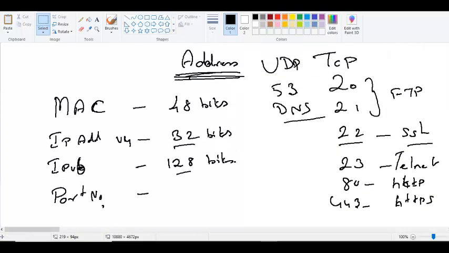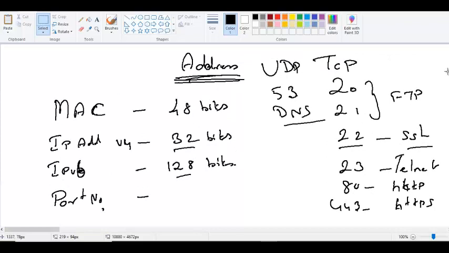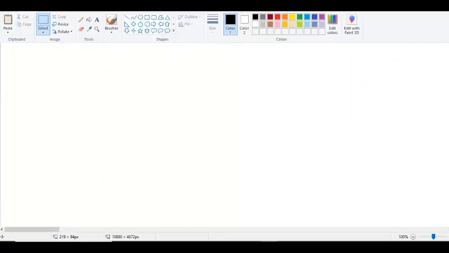Now, we know that size of IP address is 32-bit. And this 32-bit, for our convenience, it is broken down into 4 octet.